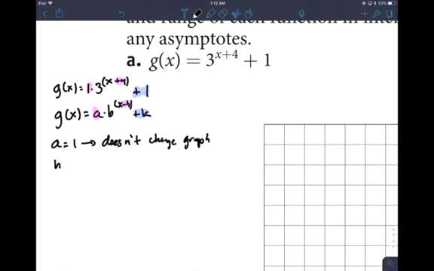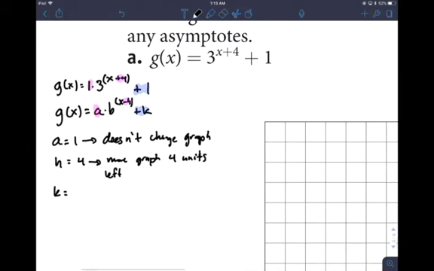I see that h is equal to plus 4, so move the graph 4 units to the left. Remember, if we're adding, move to the left. If we're subtracting, move to the right. Notice that k is equal to 1, so move the graph 1 unit up. So now I know the transformation.